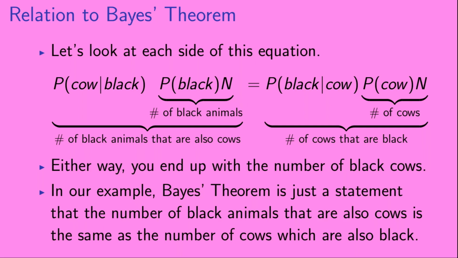That gives the number of cows. And then we multiply that by P of black given cow. And that just gives us the number of cows that are black. Either way, you end up with the number of black cows. In our example, Bayes' theorem is just a statement that the number of black animals that are also cows is the same as the number of cows which are also black.